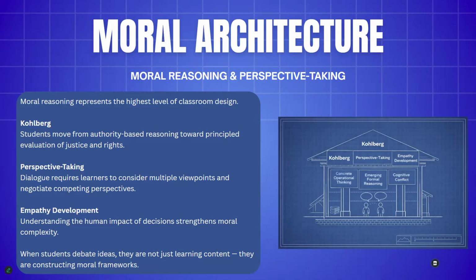Dialogue requires perspective taking. So they have to consider different or competing viewpoints. And this fosters empathy as the students examine the human impact of decisions. When students debate ideas, they are constructing a moral framework. They're not just learning history.